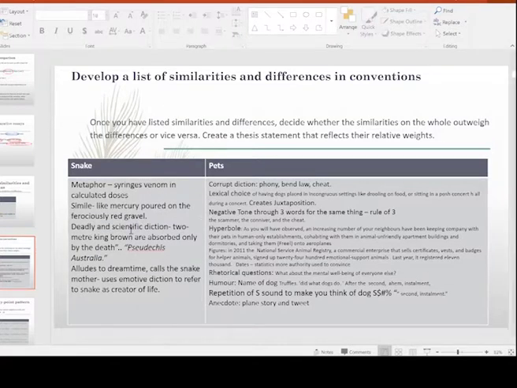And then I made a list of all the different conventions. So I looked at, because it said the differences, how the snake text has metaphors, similes, deadly and scientific diction, and it alludes to the Dreamtime mother. And then the pet text had corrupt diction, it had lexical choice of placing dogs in incongruous settings like food places or concert halls. It had a negative tone, it had hyperbole, rhetorical questions, and humour.